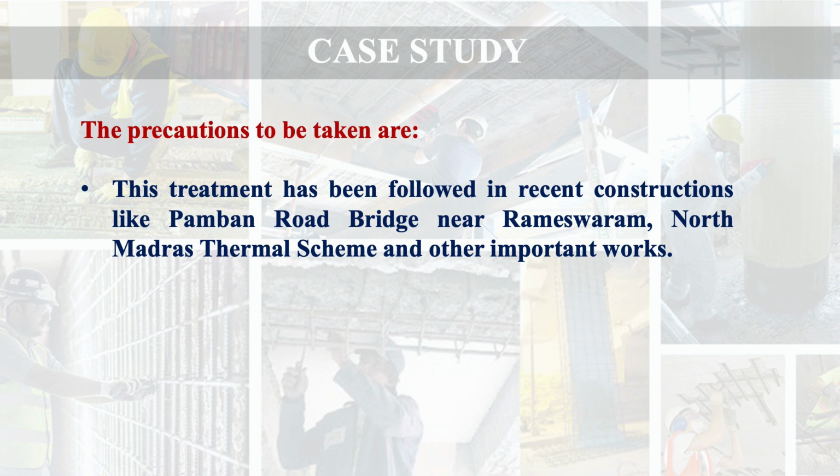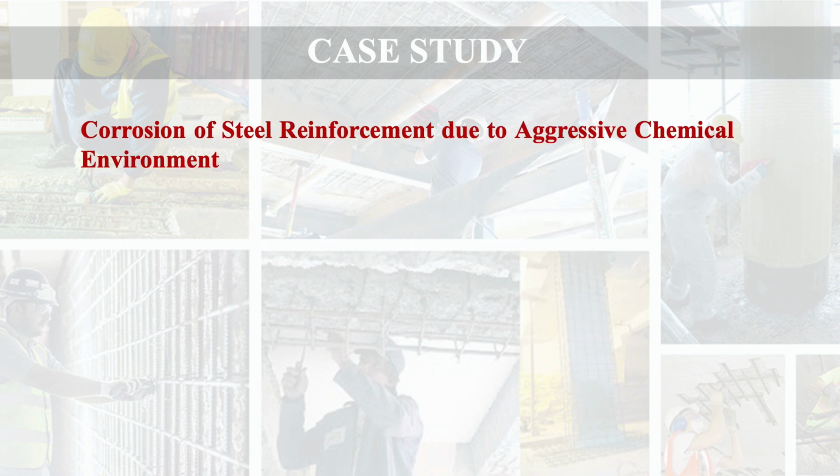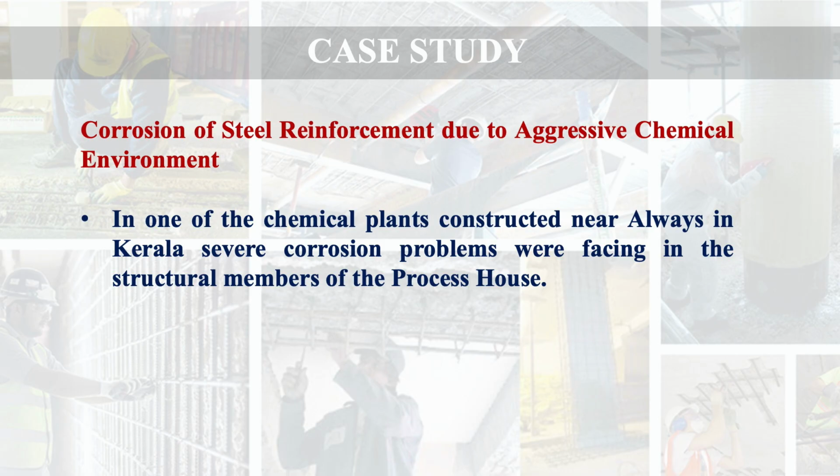Now let's move to corrosion of steel reinforcement due to aggressive chemical environment. In one of the chemical plants constructed near Alwaye in Kerala, severe corrosion problems were faced in the structural members of the process house.